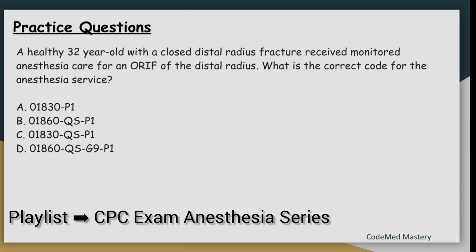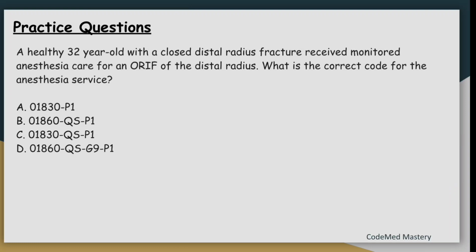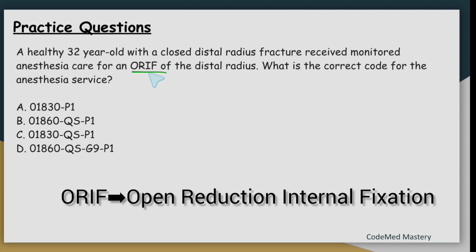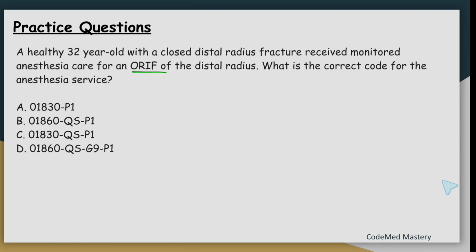Read the question. A healthy 32-year-old with a closed distal radius fracture received monitored anesthesia care for an ORIF of the distal radius. What is the correct code for the anesthesia? The full form of ORIF is open reduction internal fixation. Now let us check the options. Before checking the modifiers, we'll check the code.